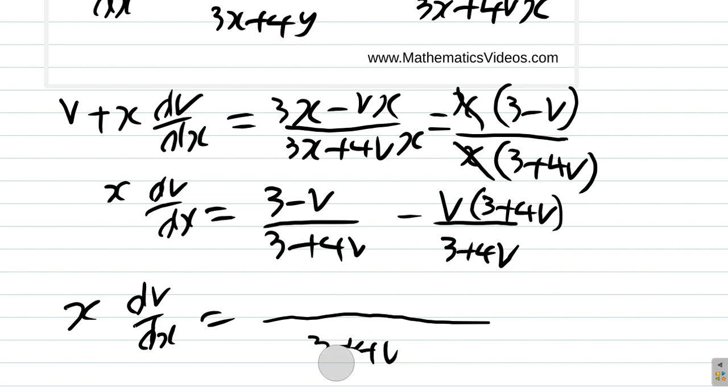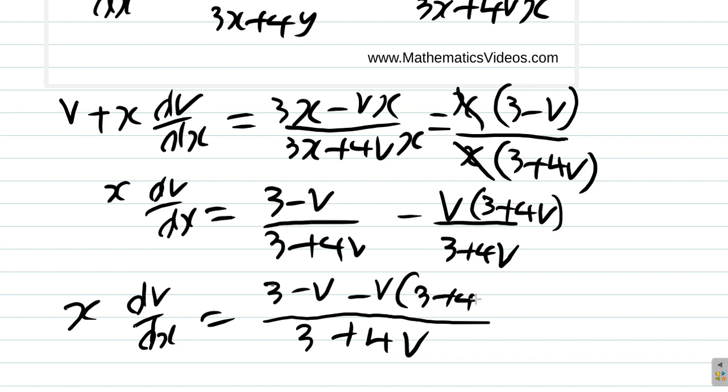Let me rewrite this part. 3 plus 4v. Up top here we have 3 minus v minus v times 3 plus 4v. You see that? Now let's rewrite the top.